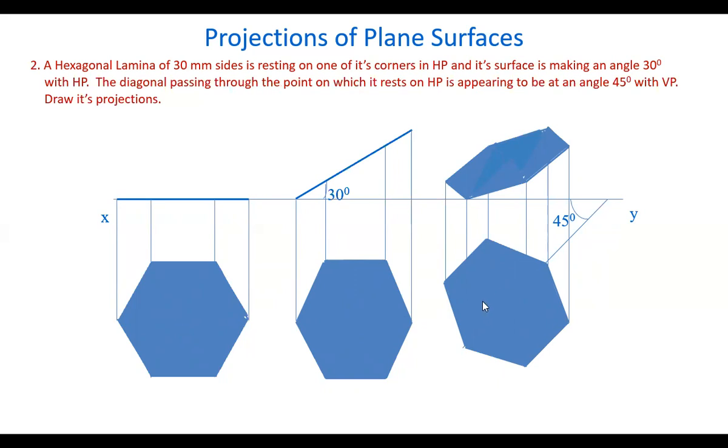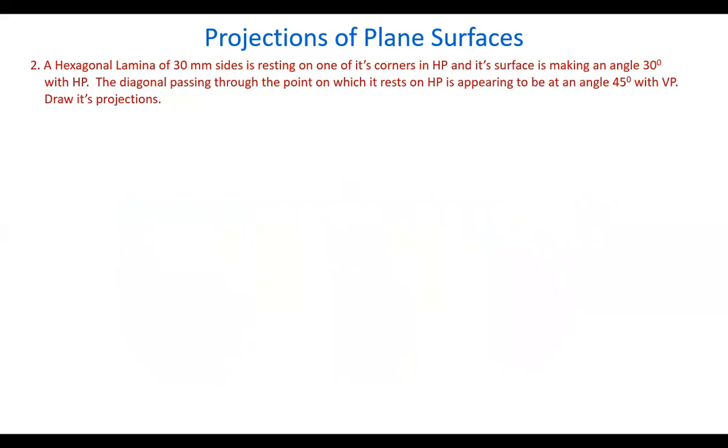So in this position, we have drawn the top view. The front view will be like this. So the final position of the hexagonal lamina appears like this. Let us see how to draw these final projections step by step.